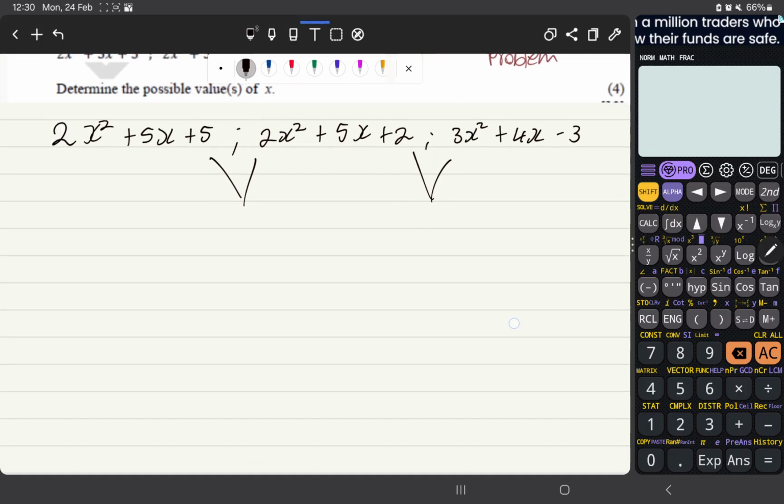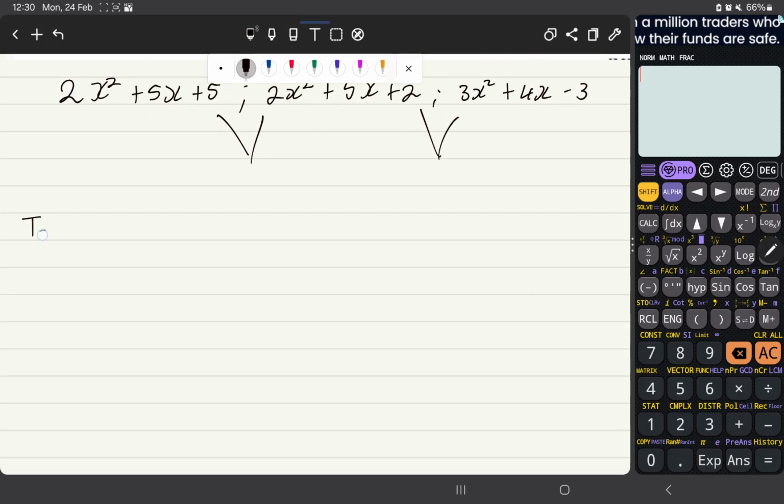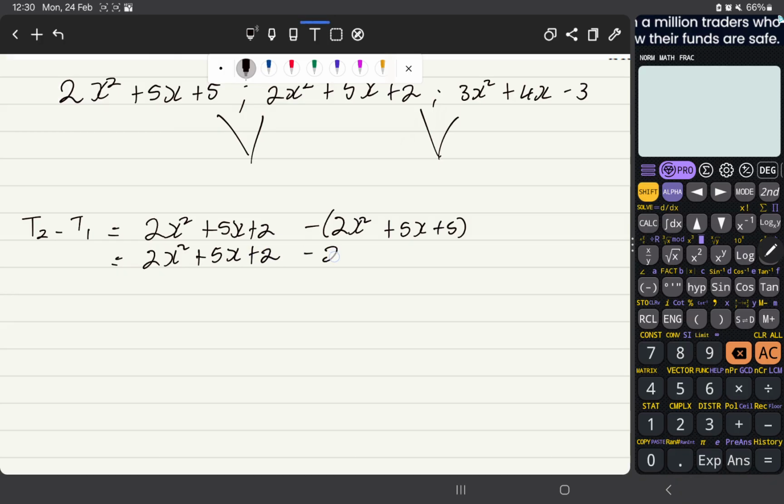So maybe I can say right here t2 minus t1, that is 2x squared plus 5x plus 2, then minus 2x squared minus 5x minus 5. Since everything is positive, let me do it step by step.